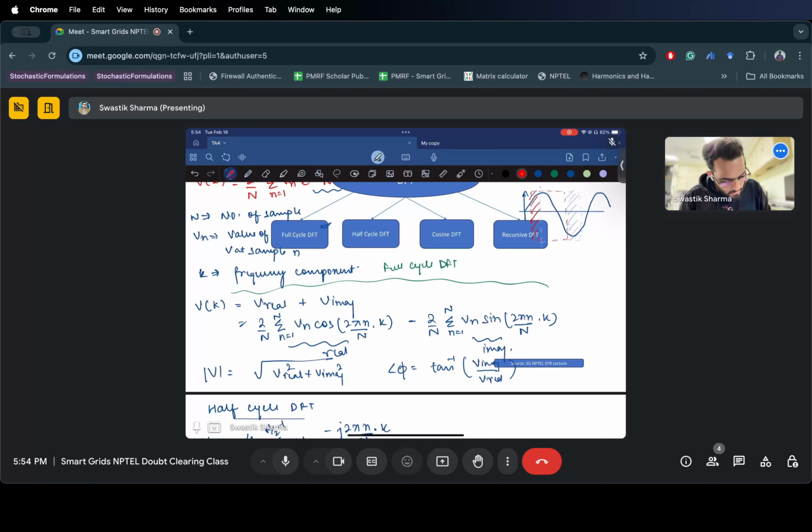system. So for this, the equation looks something like this.